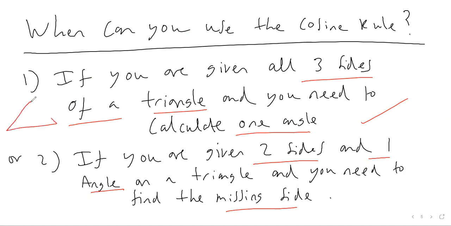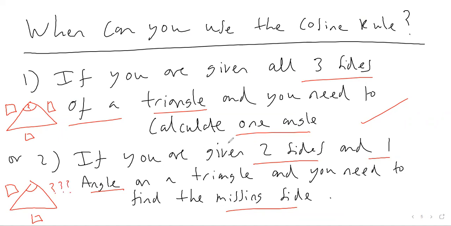So if they give you a question with a side there, side there, side there, and you need one of these angles, you can use the cosine rule. Or alternatively, if they give you a triangle, a side there, a side there, and that angle there, and you need to find this missing side here, again, you can use the cosine rule.